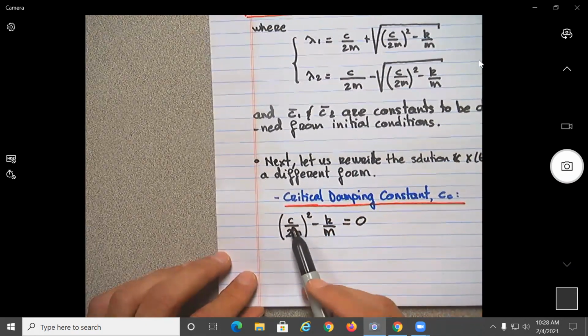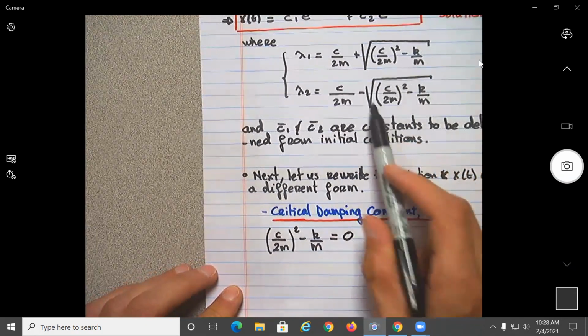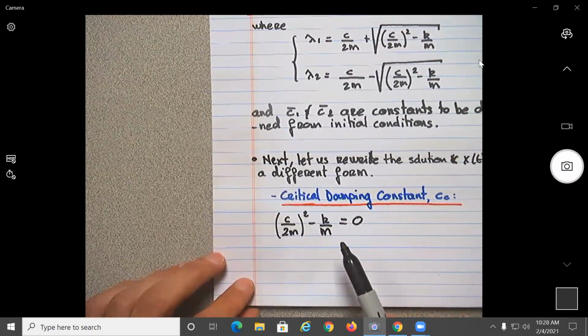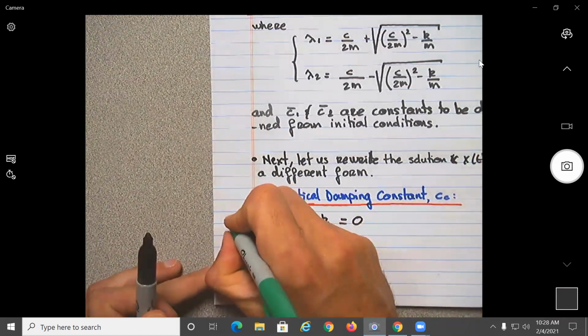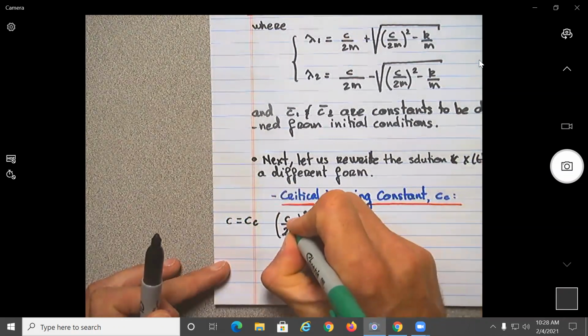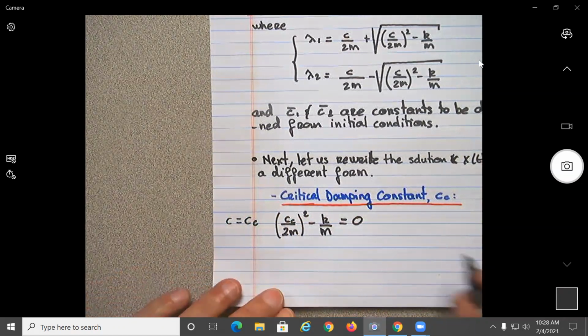So the value of C for which this is equal to 0, which corresponds here to this term, is called the critical damping constant. So in that case, C is equal to C sub C. Okay, so we solve this.